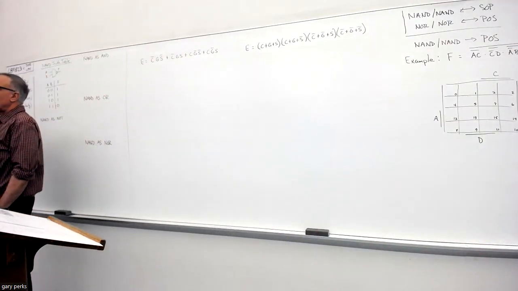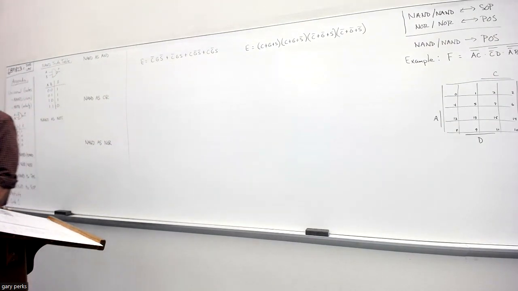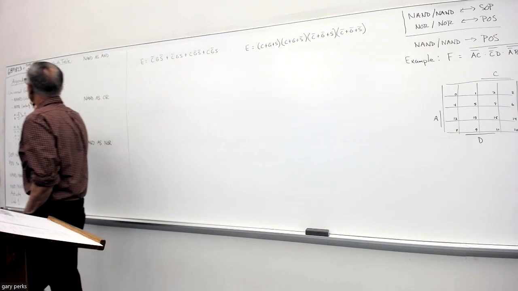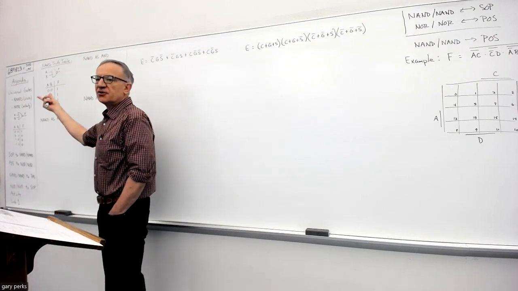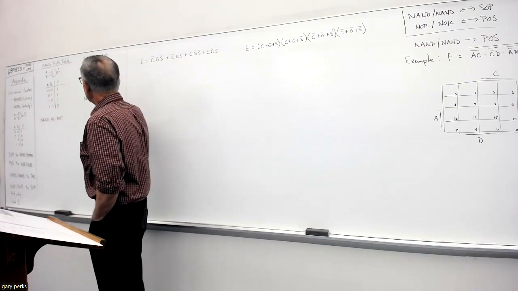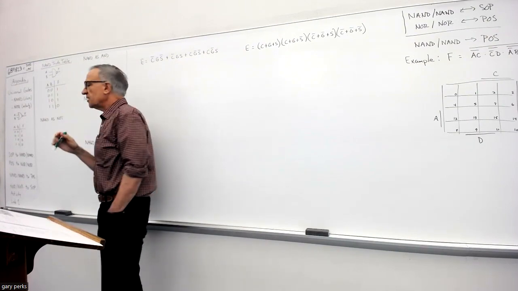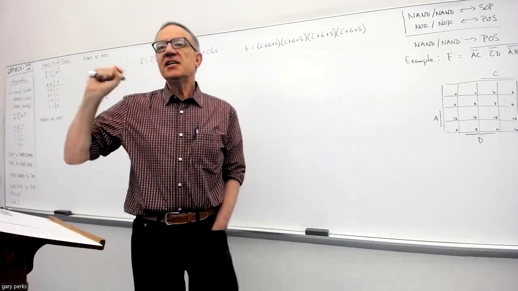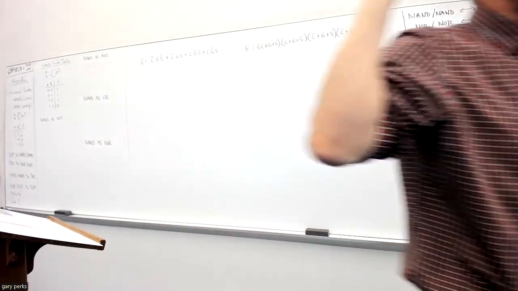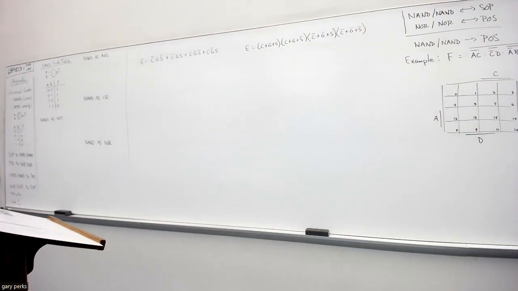A universal gate, what that term means is that with that gate, you can construct the other gates. We've talked about a NOT gate, an inverter, an AND gate, and an OR gate. Well, with the NAND gate, you can make all those other gates just using a NAND gate or NAND gates, either singular or plural.